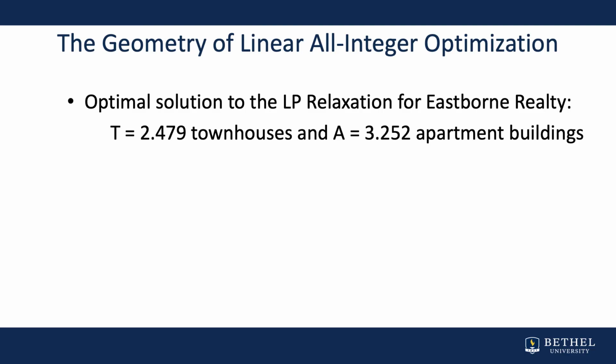So with that, there's something different that we're going to do. The optimal solution, if we relax all of the constraints as it relates to integer linear programming, would be townhomes equal to 2.479 and apartment buildings equal to 3.252 apartment buildings. So if we rounded it, we expect to have a substantial economic impact.